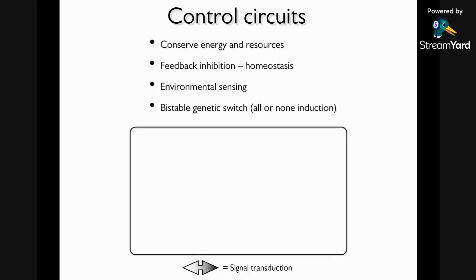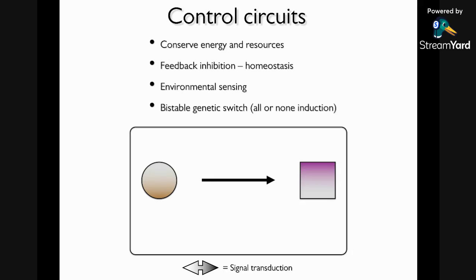So let's look at a typical example, just using a sort of generic process here, where we have a substrate on the left there, the circle, and it is being converted into a product, usually by, if this is one step of reaction, by one enzyme, but typically multiple enzymes are involved here.